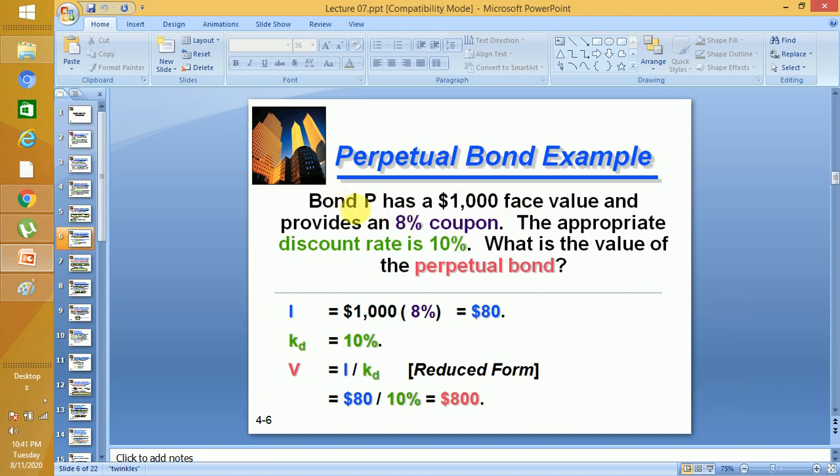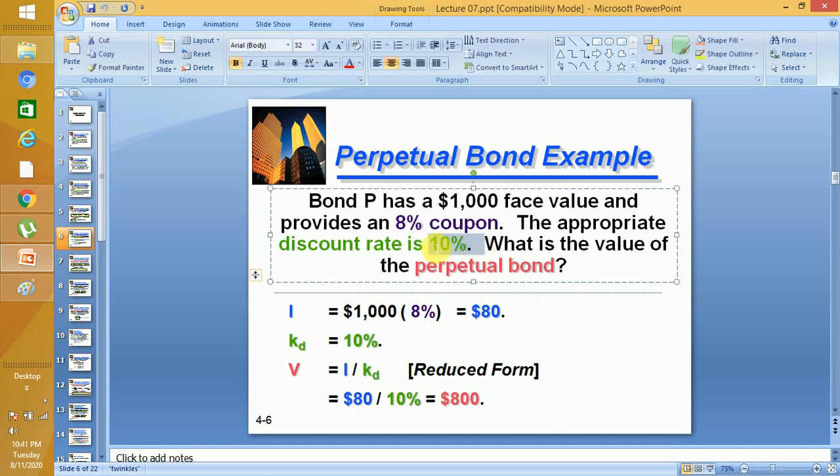So here is an example. Bond P has a $1,000 face value and provides an 8% coupon. The discount rate is 10%. See, this CAPM rate, the discount rate, is given. What is the value of the perpetual bond?